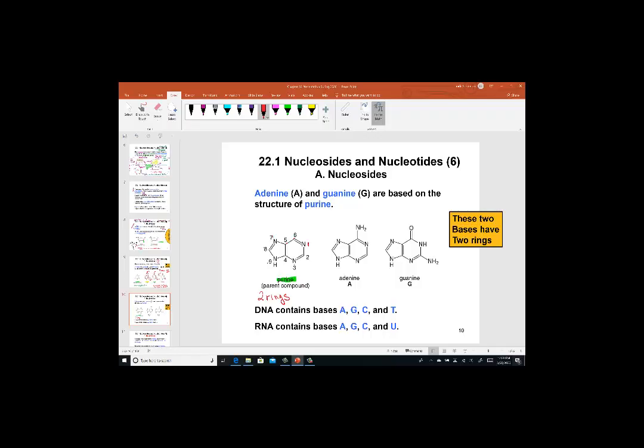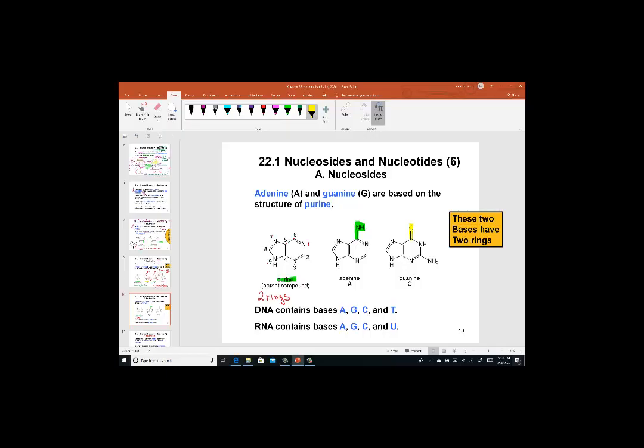Now, adenine and guanine are two-ringed derivatives of a parent base called purine. What do you see as their differences? I notice here that adenine places an amine group at the top of carbon 6. And guanine has two differences.